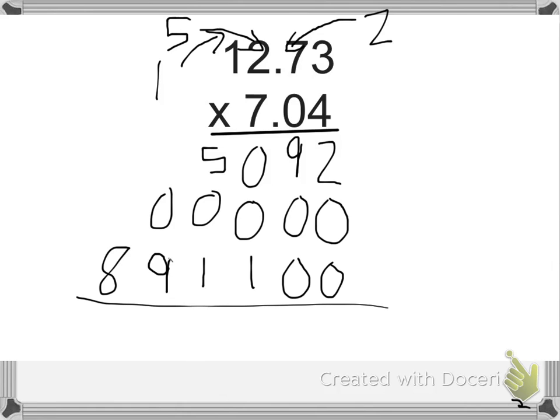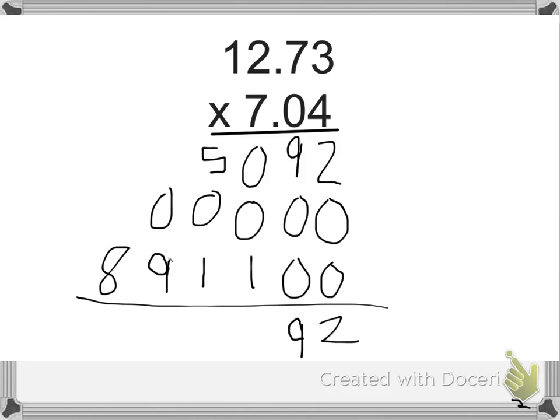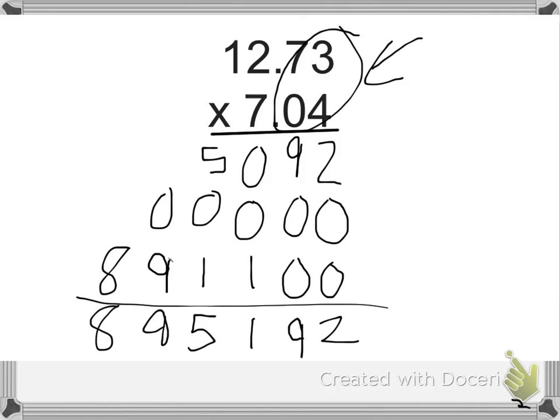And then you add it all up. And that gives you a 2, 9, 1, 5, 9, and an 8. And since there are 4 numbers behind the decimal, you move the decimal over 4.